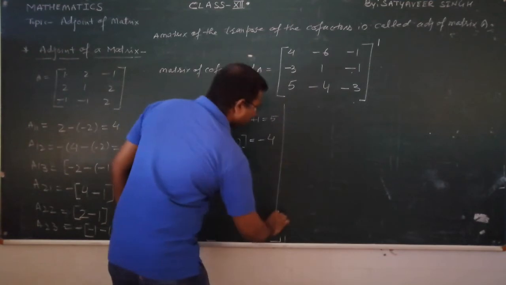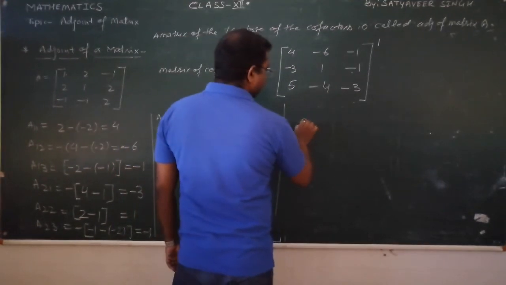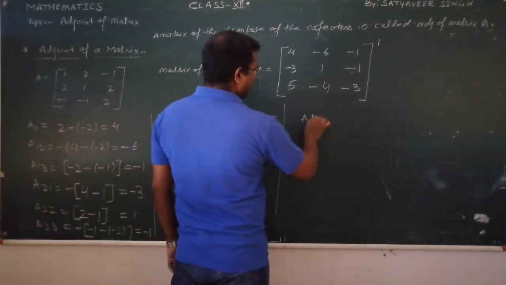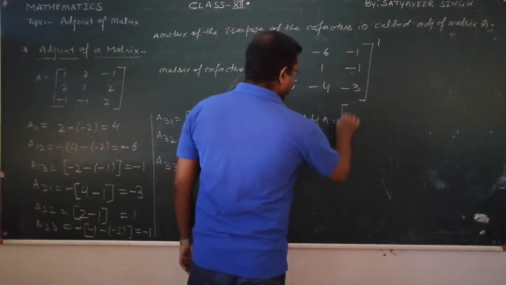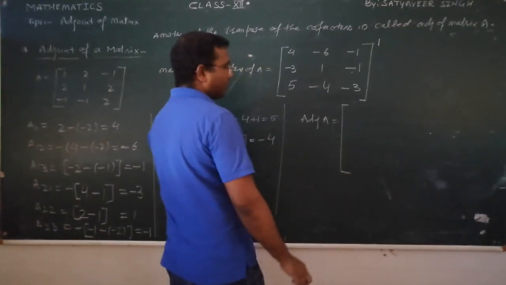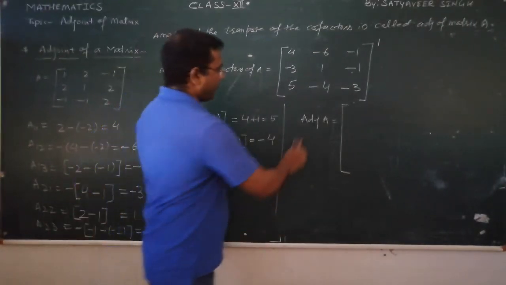then you will see that you will get the adjoint here, adjoint of matrix A, because we are finding the transpose.